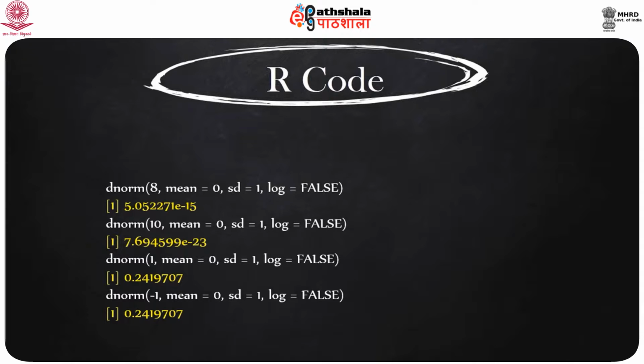Again, by putting x = -1, you will come up with exactly the same value that you got previously. So, this shows the symmetry as well. These are some of the experiments that you can always do with the help of R and explore these kinds of functions by changing the arguments.